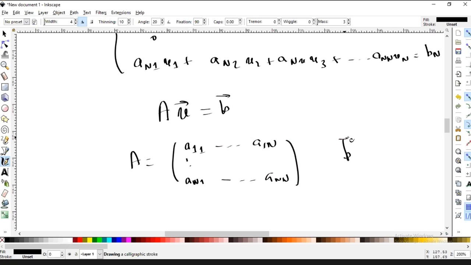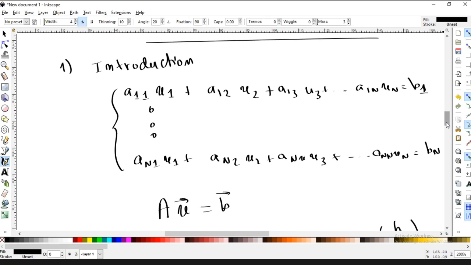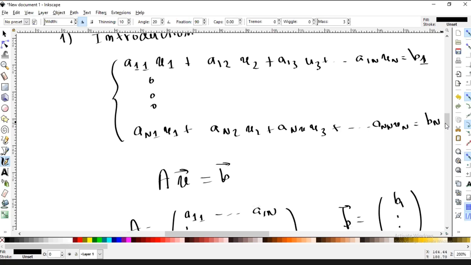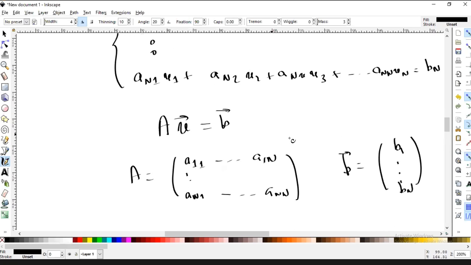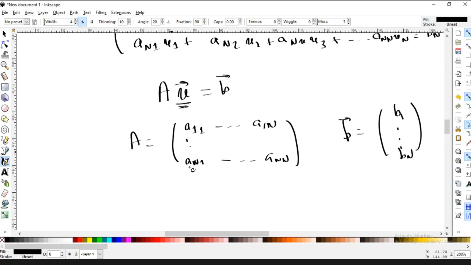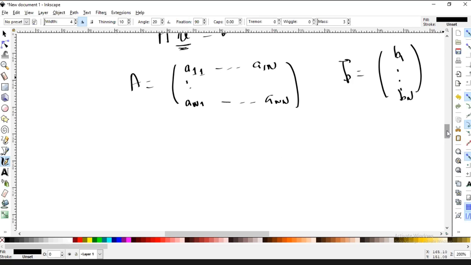The vector b here is the vector b1 till bn. Basically, the objective of this chapter is to determine the vector x, the unknown of the problem, knowing the elements of the matrix A and b.